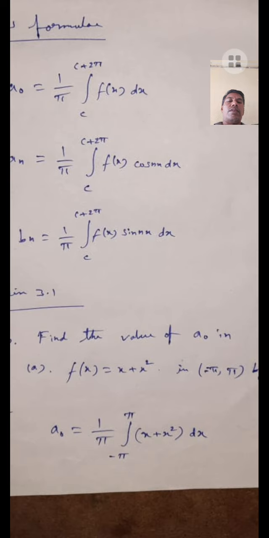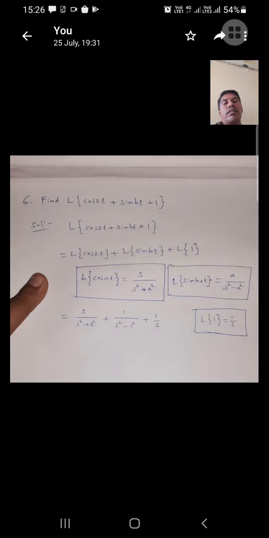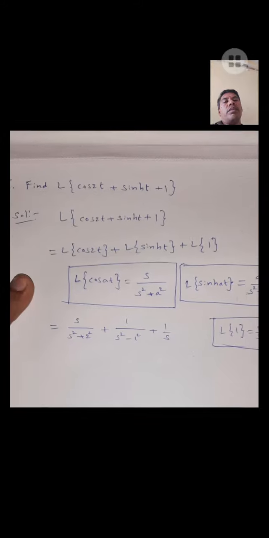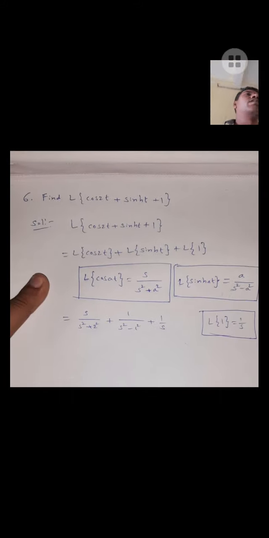So here we have to separate the integration, and the integral of x is x square by 2, and the integral of x square is x cube by 3, and then upper limit minus lower limit, and you will get the a naught value. Now next question.